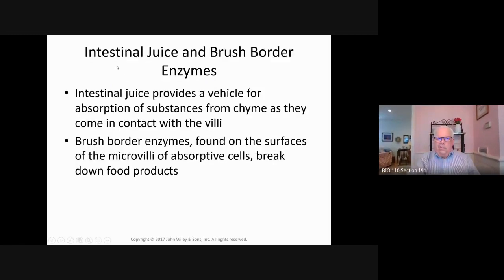So you have intestinal juice, which is all the enzymes, all the water, and all the chyme that is in the small intestine. This attaches to the brush border of the villi of the small intestine and is all absorbed into the bloodstream.